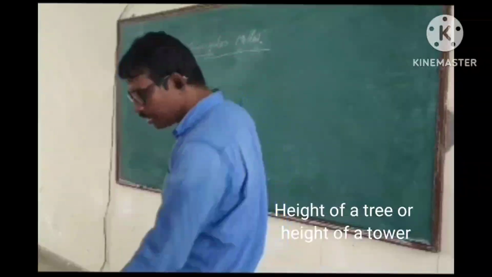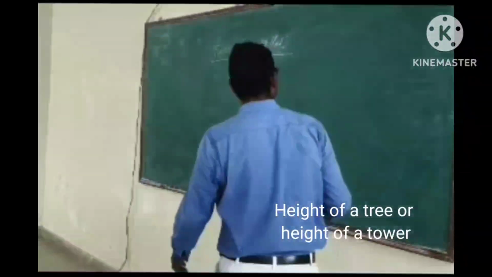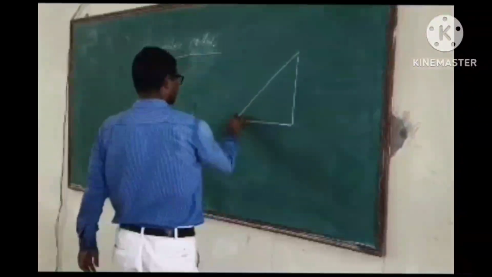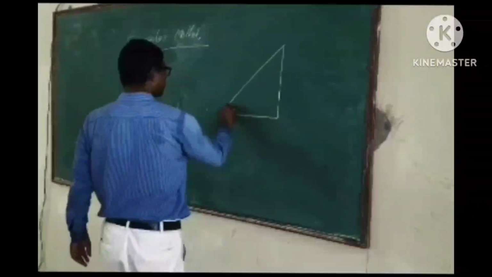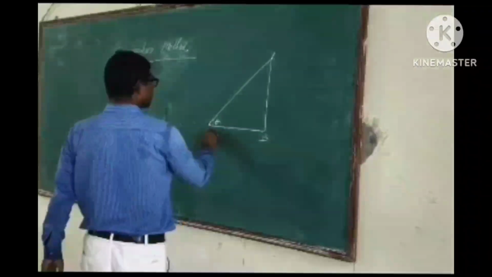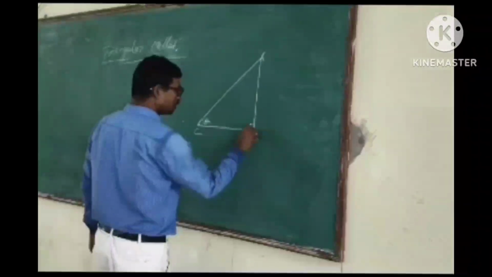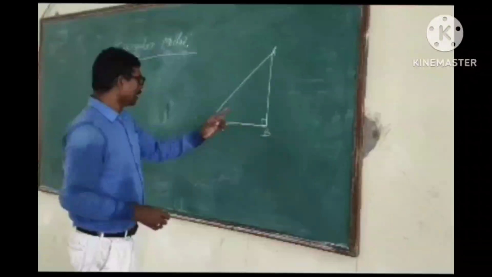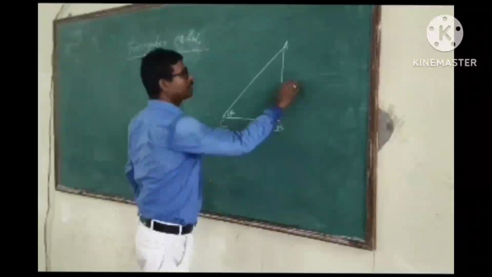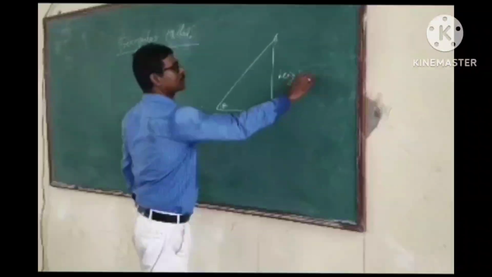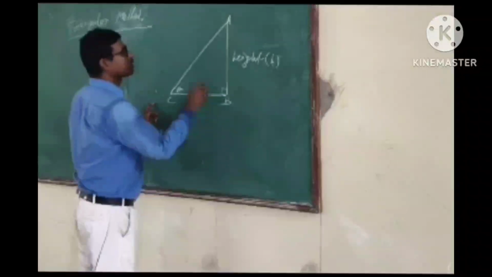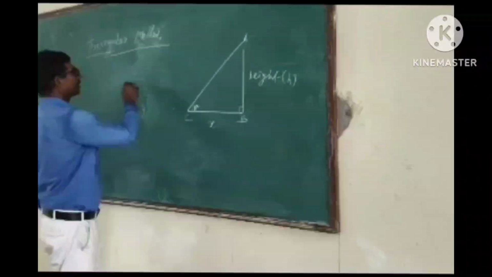Suppose this is a right-angled triangle, this is theta, this is A, this is B, this is C. It is right angle at B, angle ACB is theta. Let AB be the height H, and the distance between B and C be X.